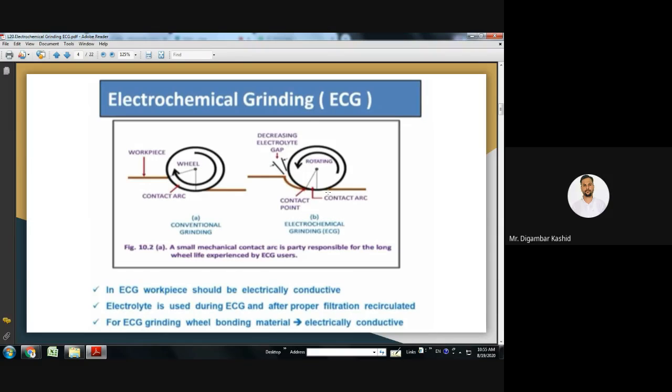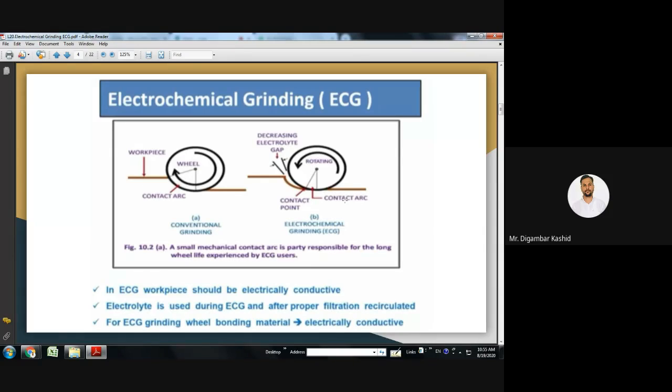There the contact is an arc contact, and the abrasive wheel is physically in contact with your workpiece.